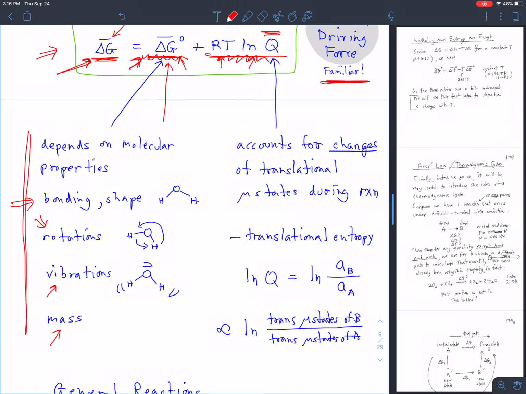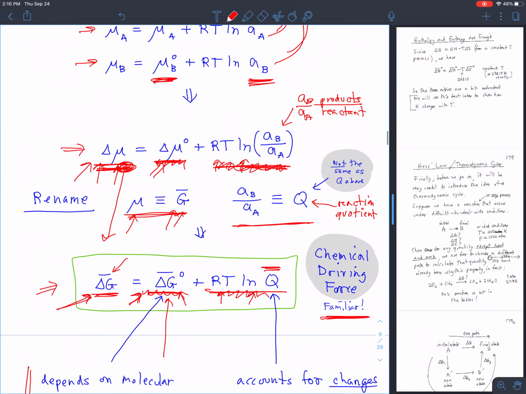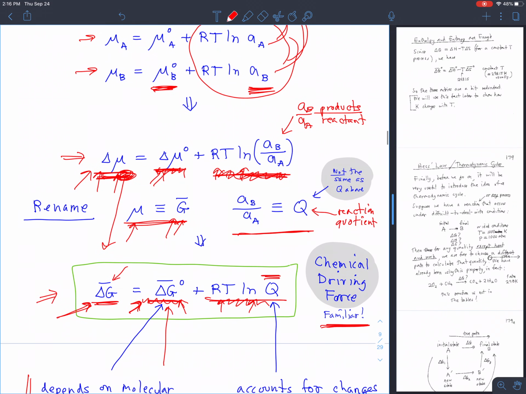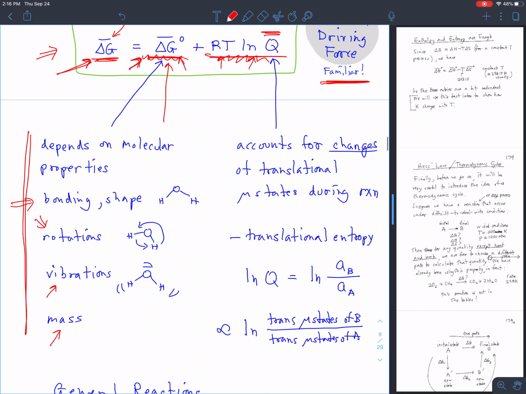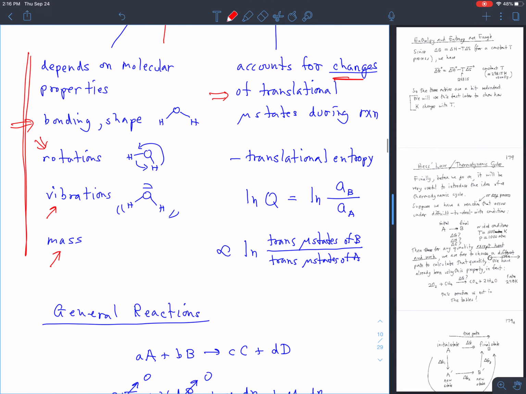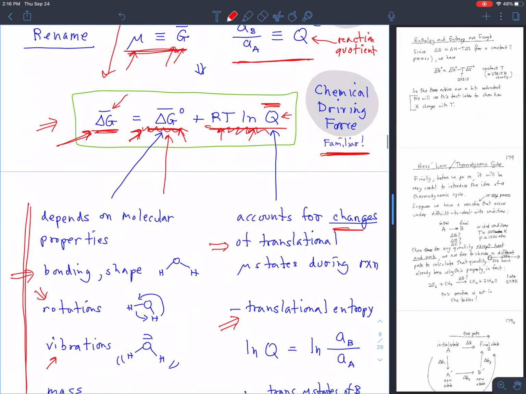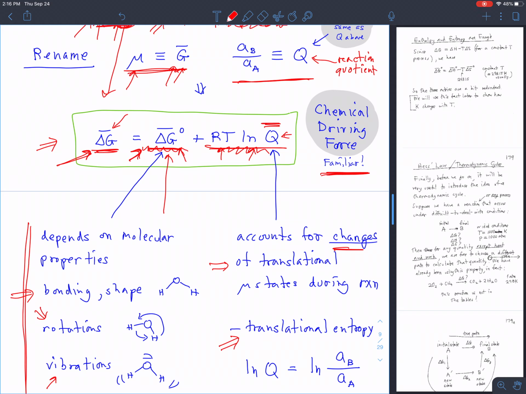And the other term, because it comes ultimately from these terms in our chemical potential expressions, accounts for changes in the translational microstates during the course of the chemical reaction. Or in other words, the changes in translational contributions to the entropy during the course of the chemical reaction, and nothing else. You'll notice that this Q is just a ratio of activities, and the rest of this doesn't have any molecular information in it.